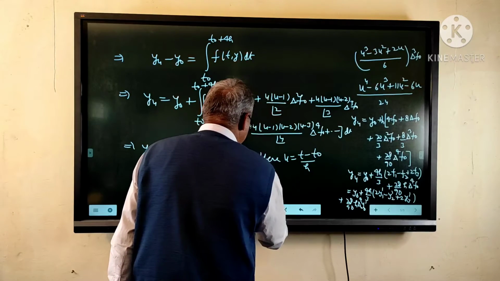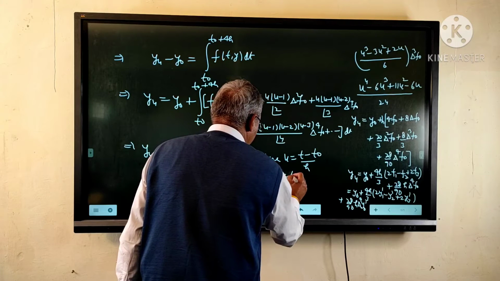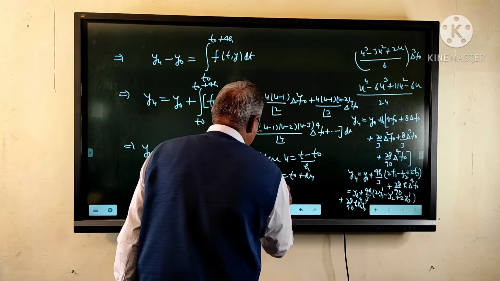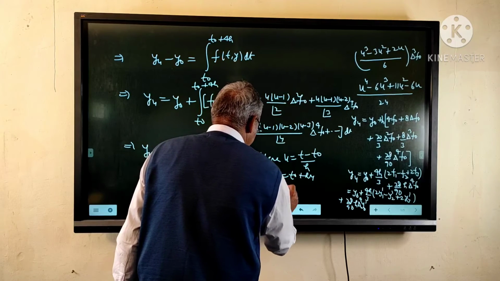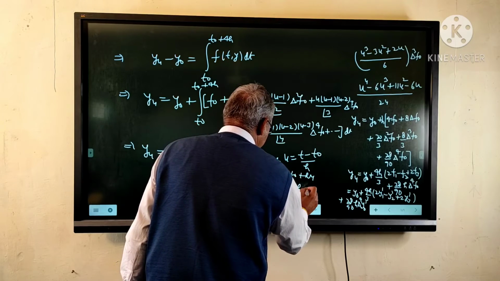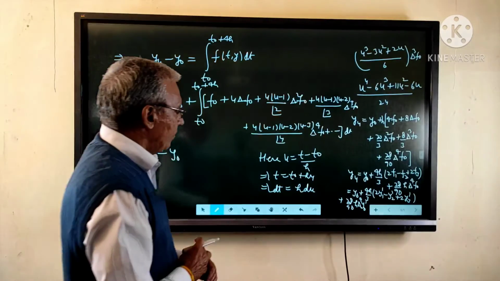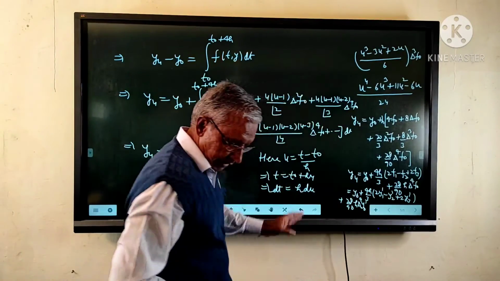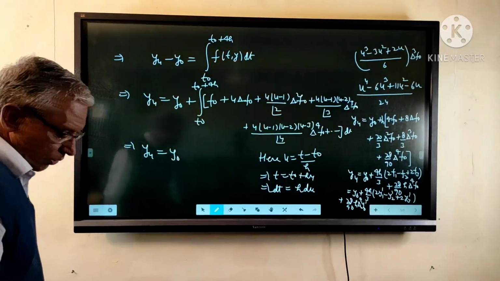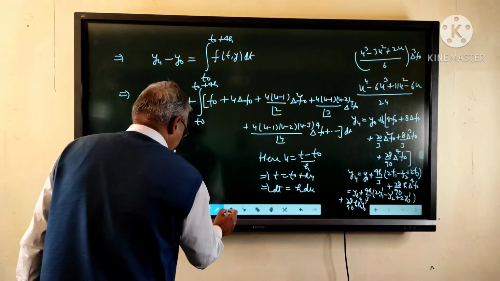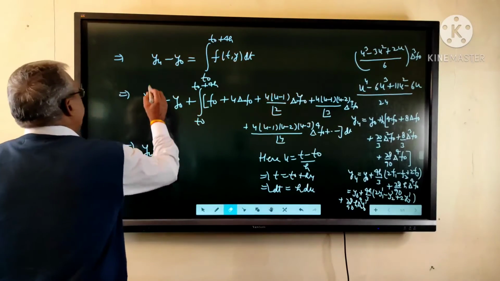So therefore we can write t equals t0 plus hu, and this can be written as dt equals h du. So here dt equals h du.